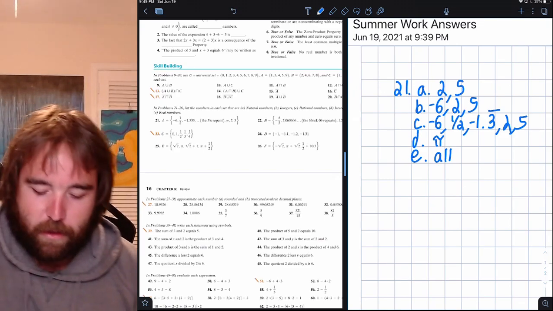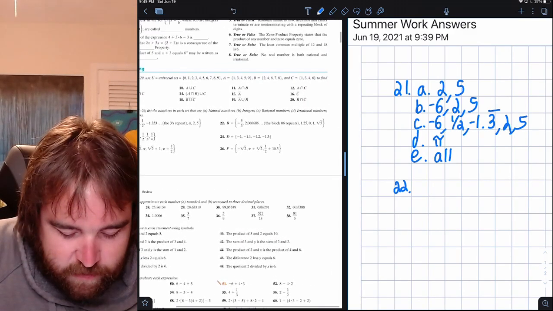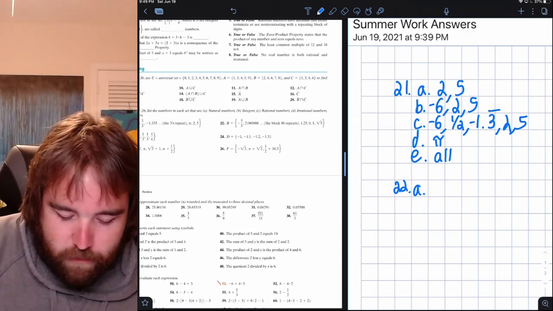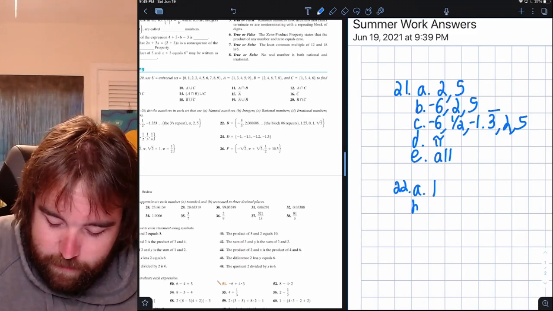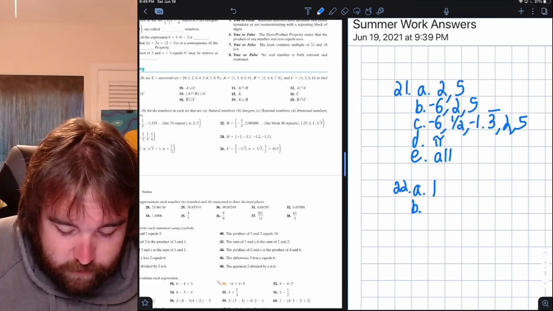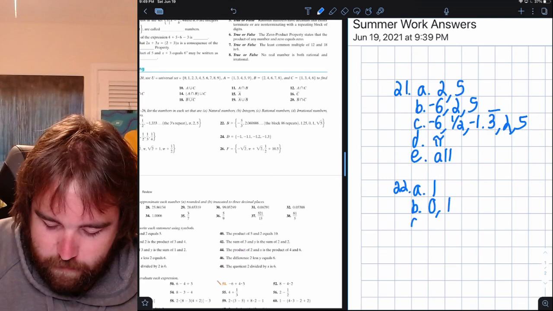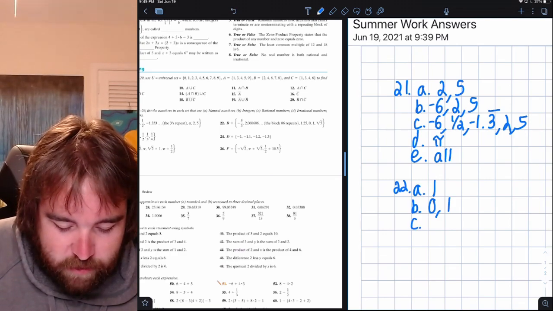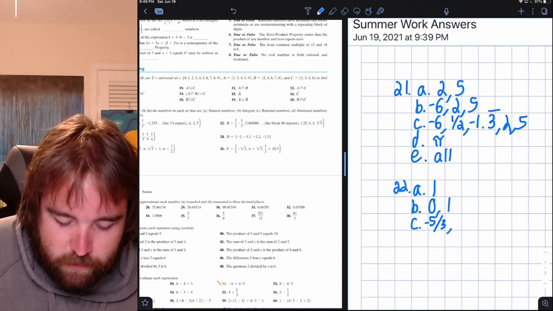Cool. Then we got 22. Oh, geez, they're asking us to do the exact same thing. So 22A, the natural numbers, it's just 1. B, the integers, that's 0 and 1. C, the rational numbers, that's -5/3.